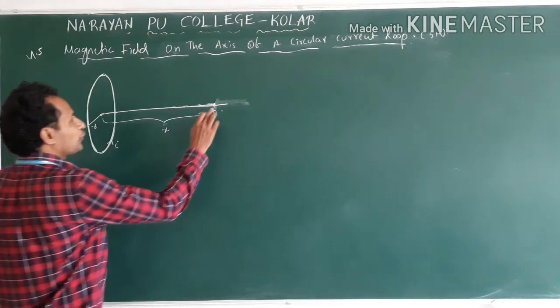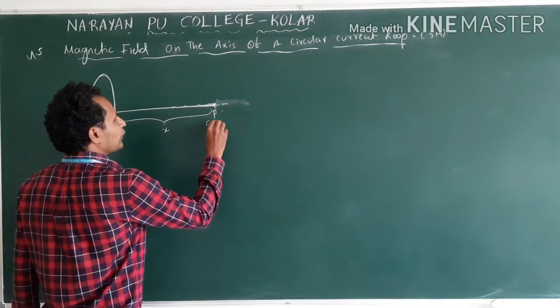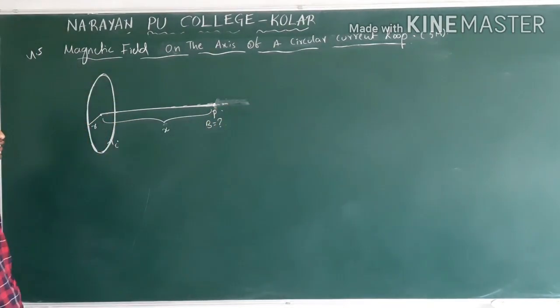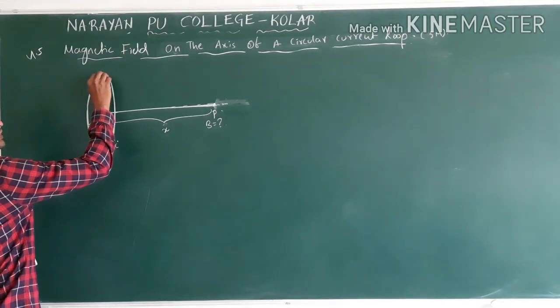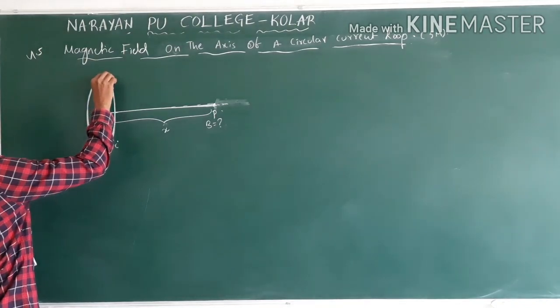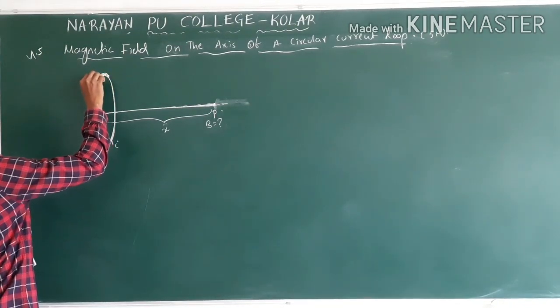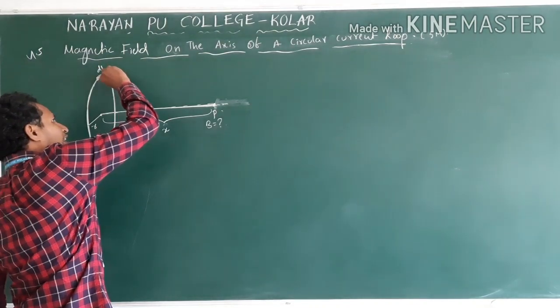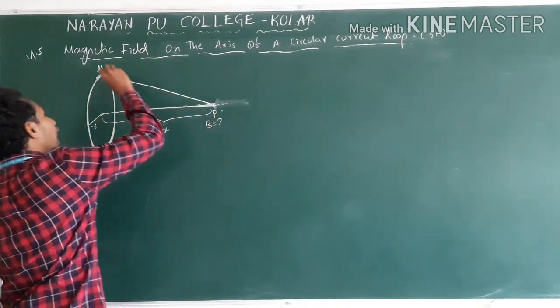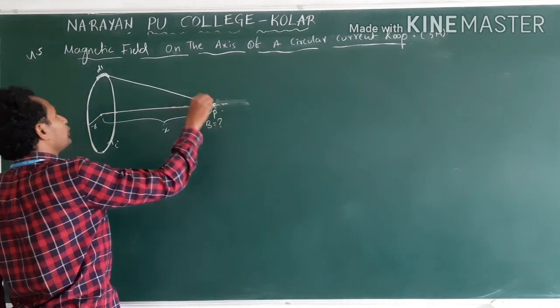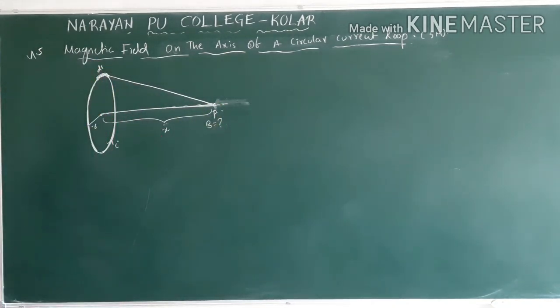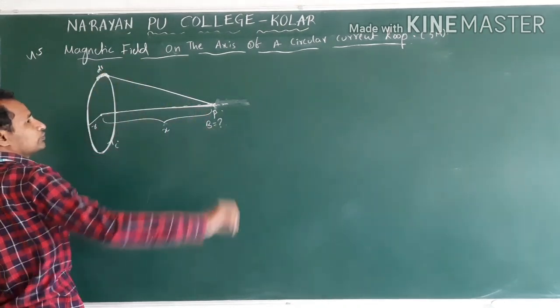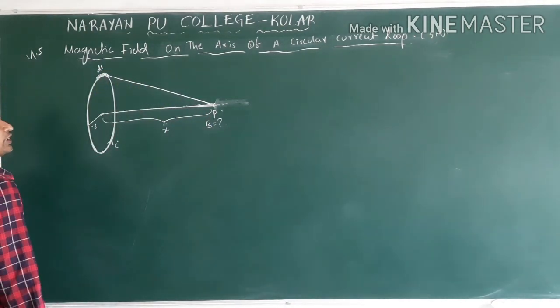Now we need to find the magnetic field at this point. I am following the Biot-Savart law. First I construct a small element on the loop. This is the small element, let us say dl. Clear? Constructed. Next we need to draw a line from the element to point P, or from point P to the element. Clear? Now draw. Understand? We have drawn.